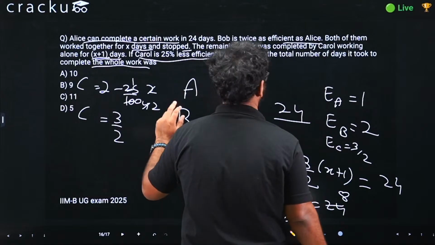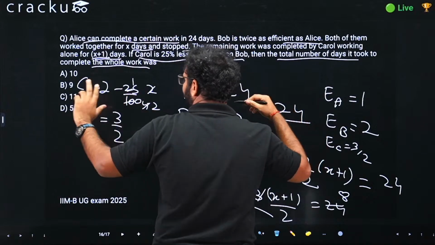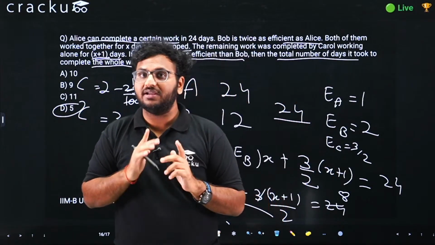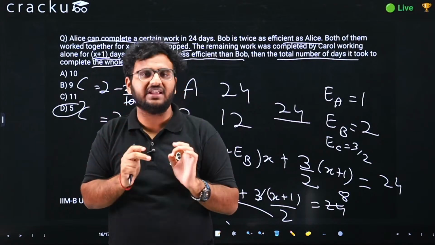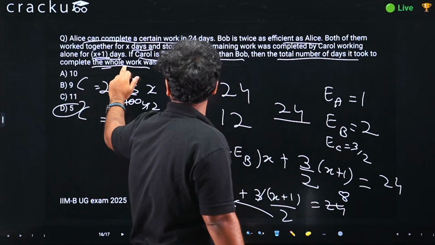Now they are asking what? The total number of days. So see, if I was in a hurry, I would have directly marked D and moved. But we need to solve the question very carefully. So it is given that the total number of days it took to complete the whole.